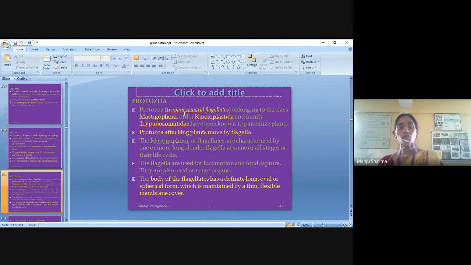The Mastigophora or flagellates are characterized by one or more long whip-like flagella in some or all stages of their life cycle. Flagella are the organs by which unicellular protozoans can move easily.